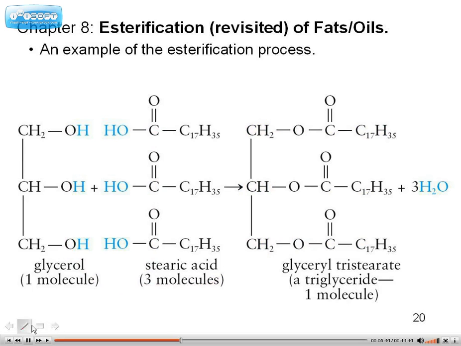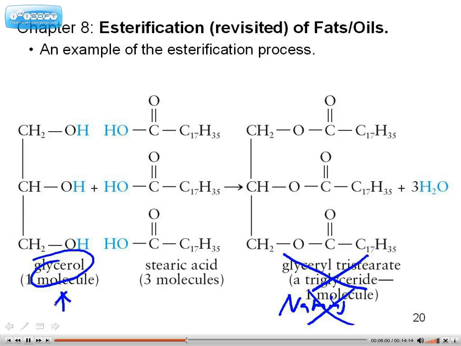Now, as far as the name goes, you're not responsible for naming the overall triglyceride. I will expect you to memorize, however, the starting molecules, such as this being glycerol and these being the starting molecule names.